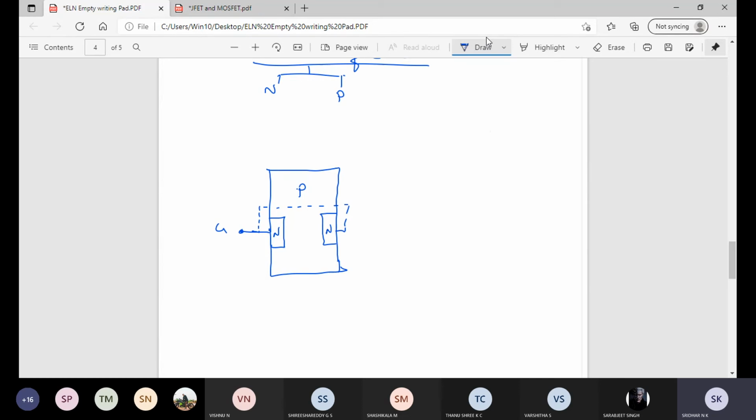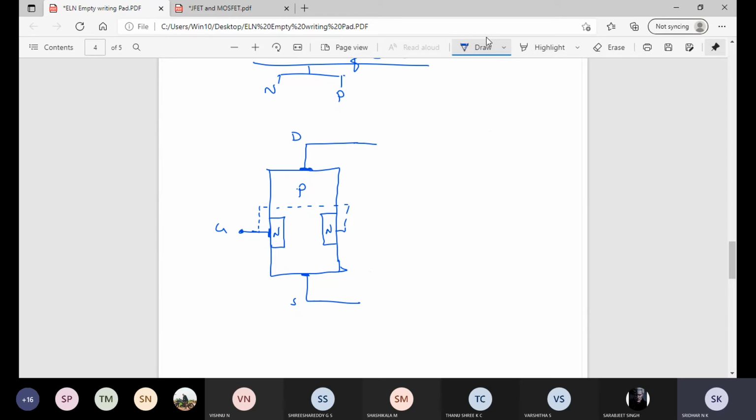And this p-type semiconductor at top and bottom are taken out as contacts to form drain and source, correct? Now you need to tell me how to bias this for p channel.